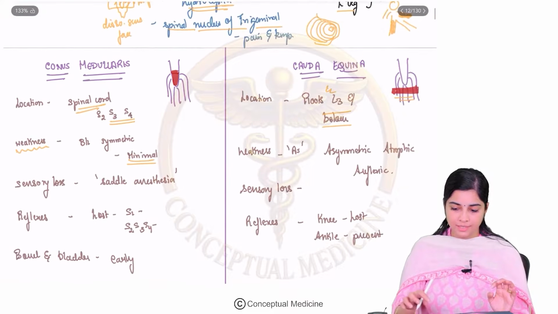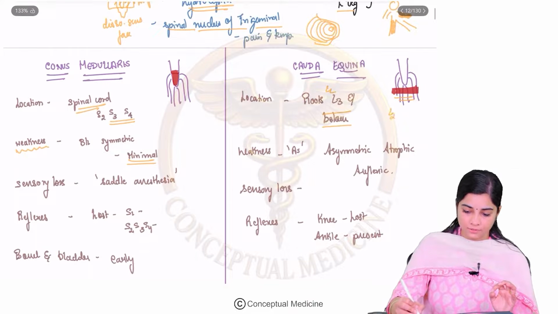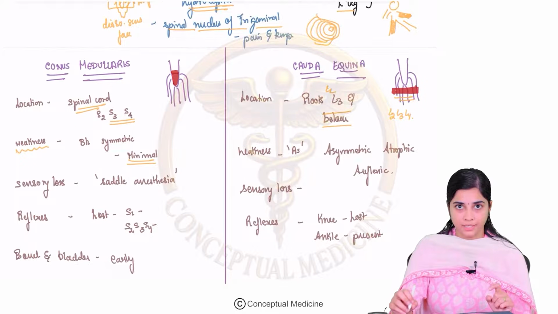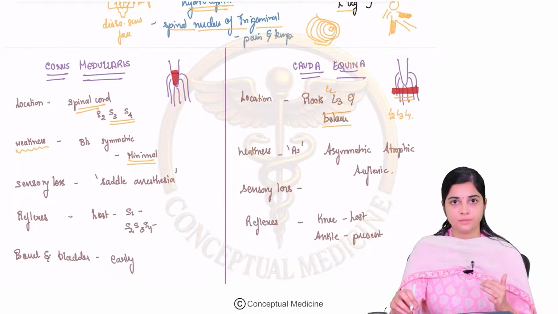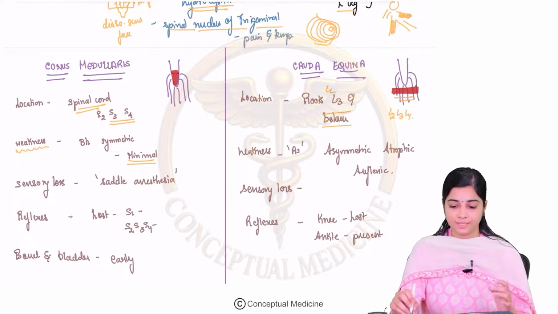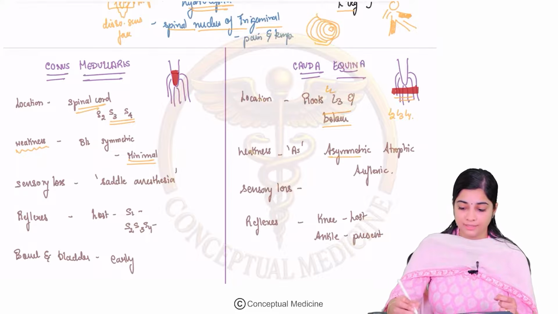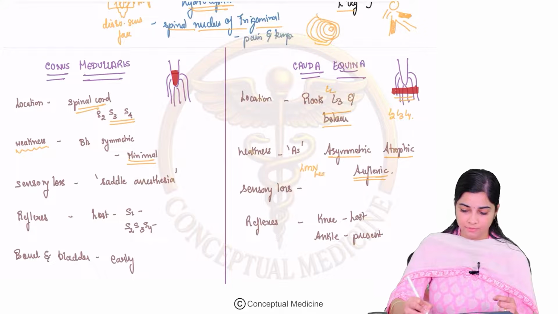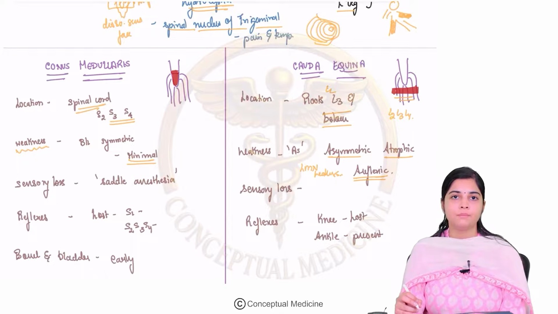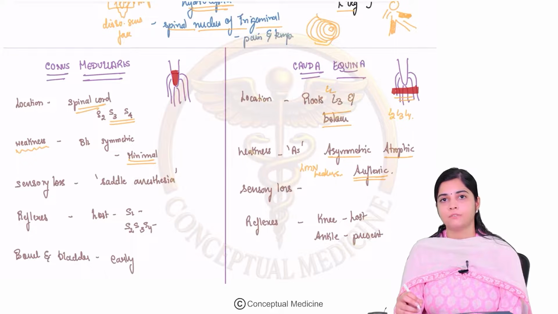But as compared to your cauda equina, which is your L2, L3, L4, right? So, this is going to supply which region? It is going to supply the anterior aspect of the thigh and the muscles of the quadriceps. So, you can have an asymmetric, atrophic, areflexic weakness. Why? Because this results in a lower motor neuron type of weakness, predominantly supplying your anterior aspect of the thigh.